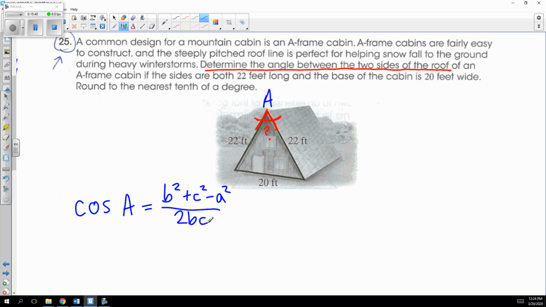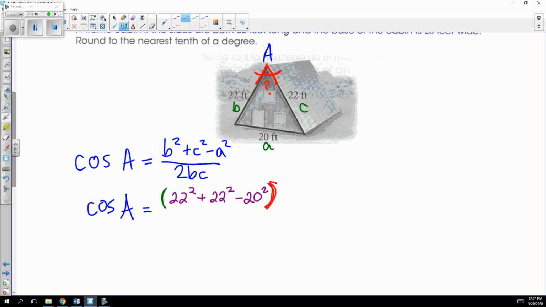It's going to be useful for some of you to go ahead and label. We're going to call side A the side opposite angle A, and then B and C, it really doesn't make any difference as long as they make up angle A. So cosine of A is equal to, open parentheses, 22 squared plus 22 squared minus 20 squared, close the parentheses, all divided by open parentheses 2 times 22 times 22, close the parentheses.